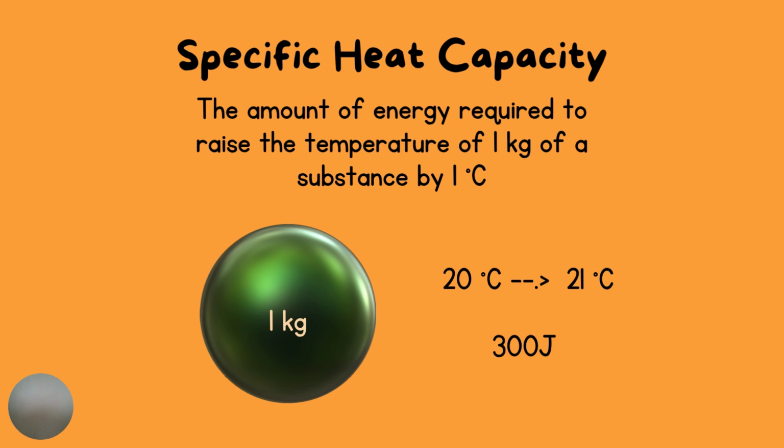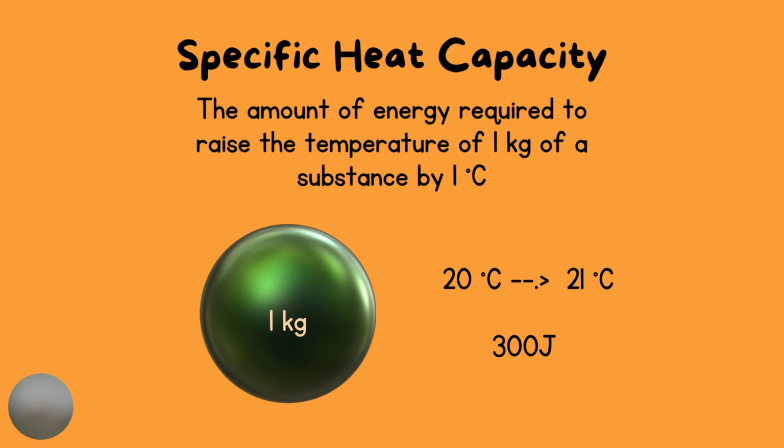Alright, now we're going to talk about specific heat capacity, because all of these have internal energy inside them. Basically, what is specific heat capacity? We can define specific heat capacity as the amount of energy required to raise the temperature of 1 kg of a substance by 1 degree Celsius. Let's say you have a 1 kg metal ball and you want to increase it from 20 degrees Celsius to 21 degrees Celsius.